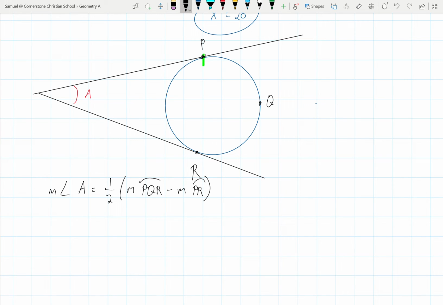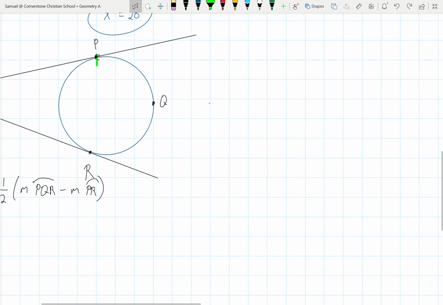So the angle A is equal to half the amount of the outside arc minus the inside arc. That's what I like to call them. So again, here's my inside arc because it's within both of those tangents. It's closest to the angle that we're working with. And then I also have the outside arc, which is furthest away from the angle that I'm working with.